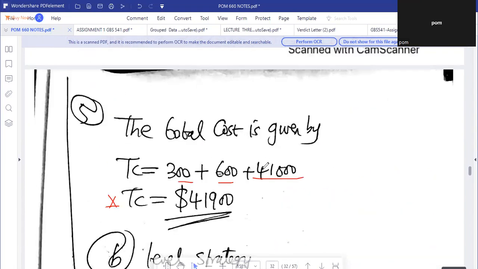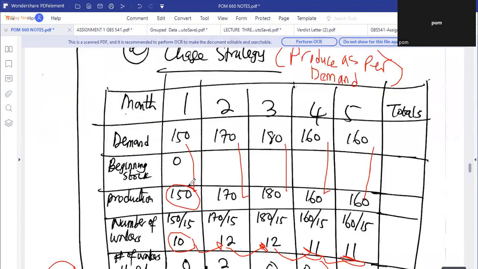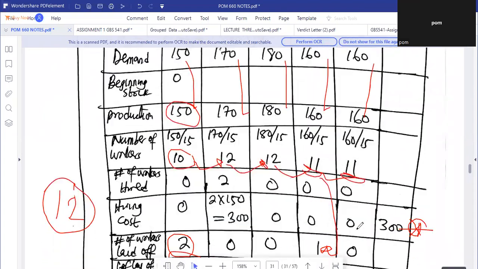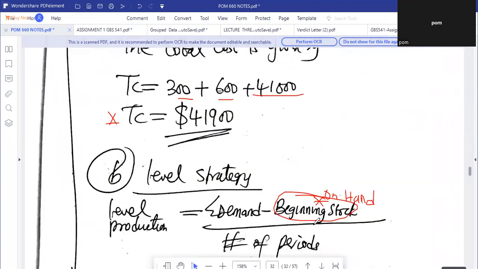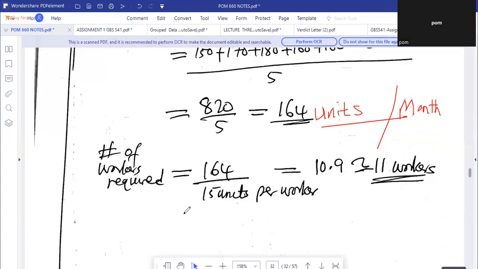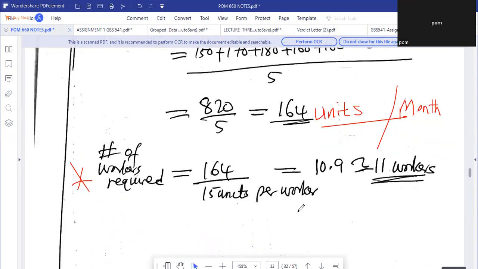The first one is chase, where we are producing as per demand. So if the demand is 150, produce exactly that amount. But here we are producing regardless of how many units are demanded. So here we're finding 164 units per month. Now we can find the number of workers: 164 divided by 15 units per worker.